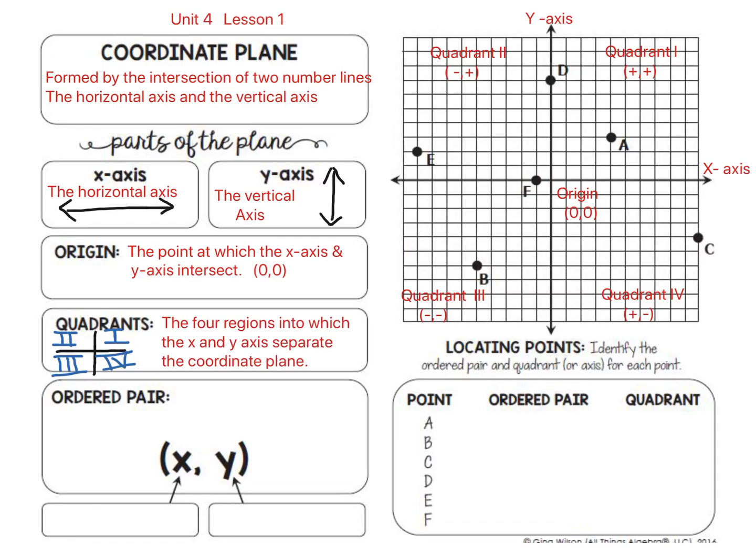If you just think about the alphabet, x does come before y, and so that can help you remember when you are plotting or identifying a point on the coordinate plane that we always go on the x-axis first and then up and down on the y-axis. And we're about to do some examples. If you need to, pause the video right here and finish filling in any of your vocabulary that you didn't quite get a chance to do.